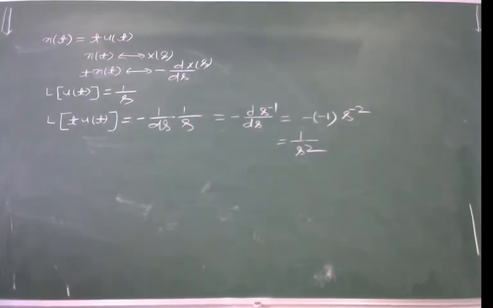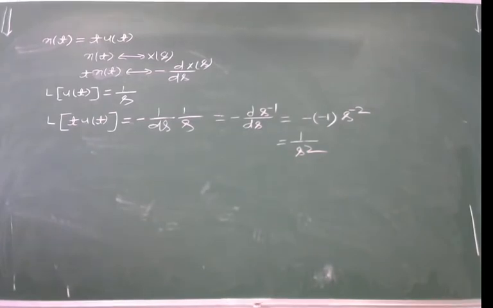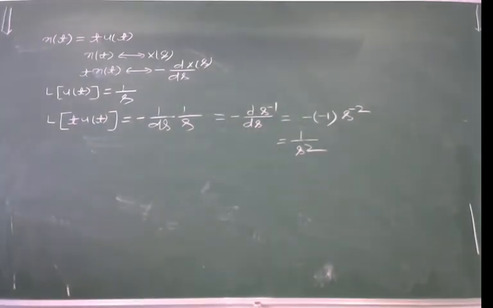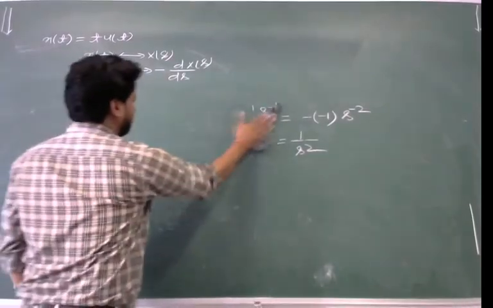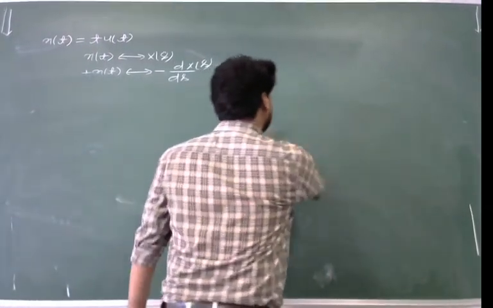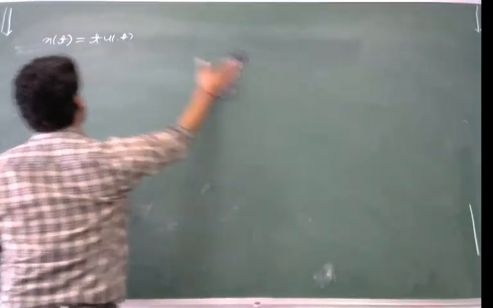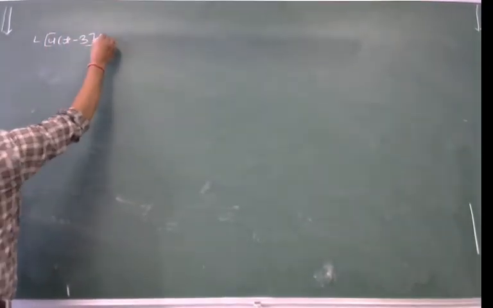Similarly, we can use the time shifting property where we have to find the Laplace transform of u(t minus 3).